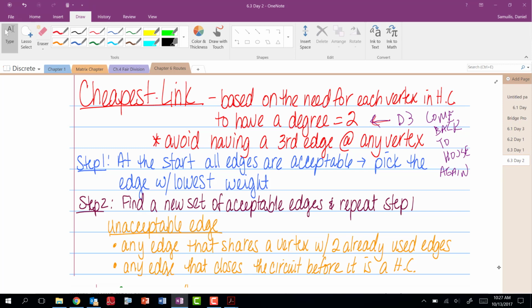Then you look anywhere else on your graph and pick another acceptable edge that is the next lowest, keeping away from making a degree 3 vertex and also not completing a circuit early. And then you keep doing that. So you're not stuck staying in order like in the other one. You can go all over the graph and pick acceptable edges, trying to pick the smallest ones as you go. So that's what all this says right here. All right, I'll give you a second to write this further, and it is real easy.